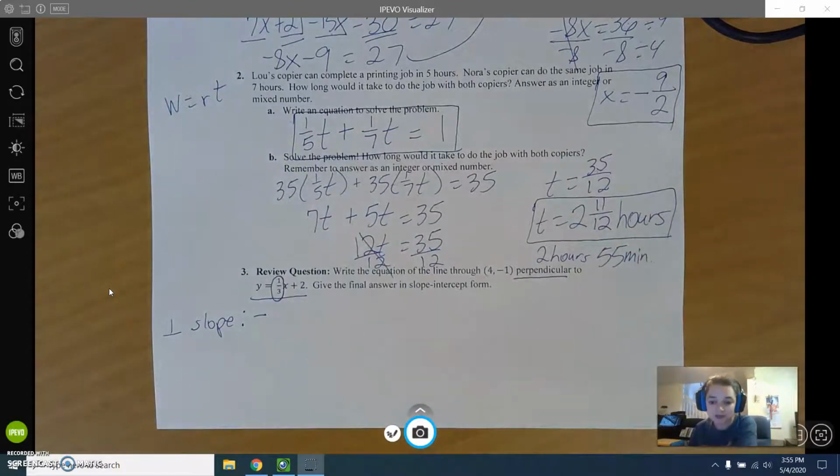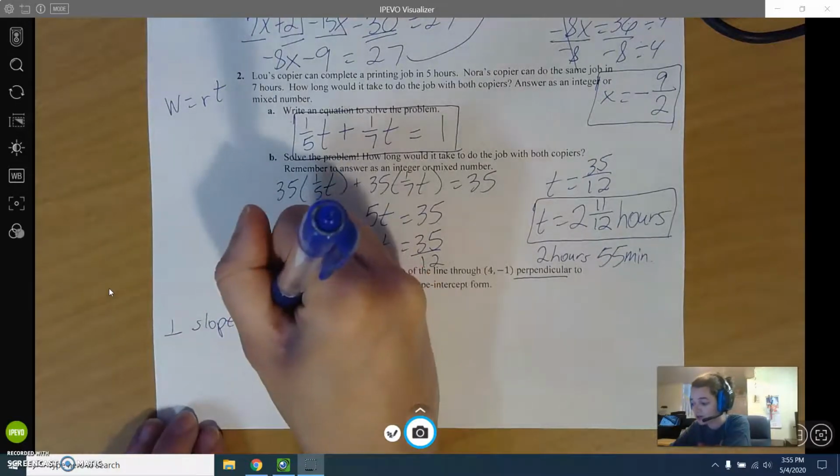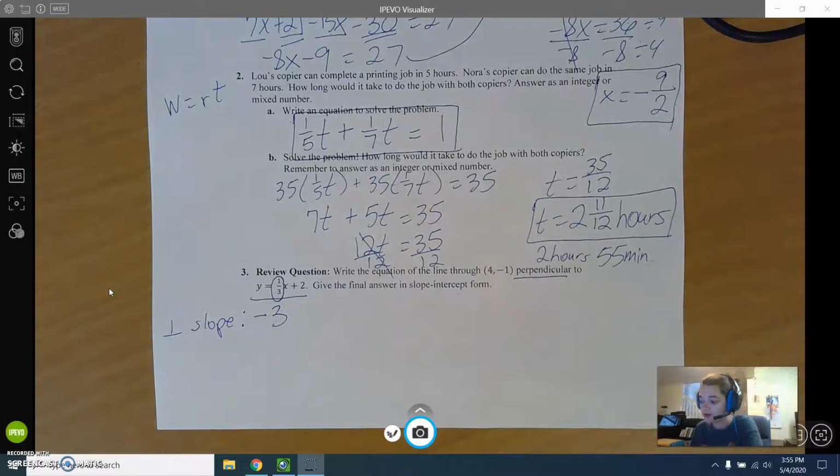And it's the reciprocal. So the reciprocal, it looks like you just flip it around. The reciprocal of 1/3 is 3/1, or just 3. So I know that the slope of my new line that I'm writing the equation for is perpendicular to the line that I gave you, and has a slope of -3.